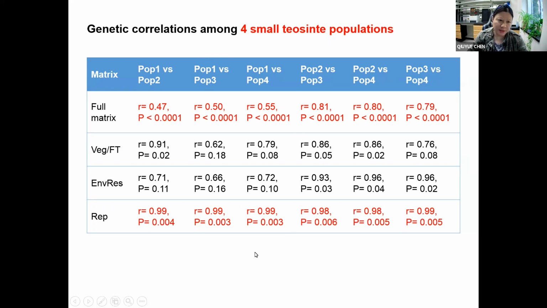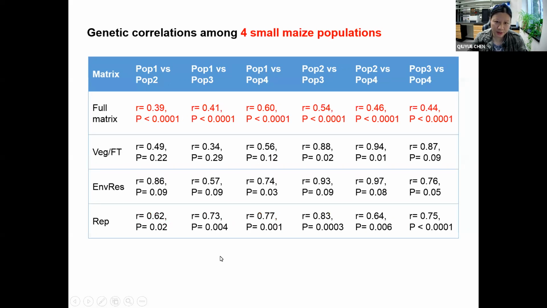So this means that the genetic correlations are very conserved among Teosinte populations. We also did the same thing among maize populations. Overall they are conserved, although not as high as among Teosinte populations.